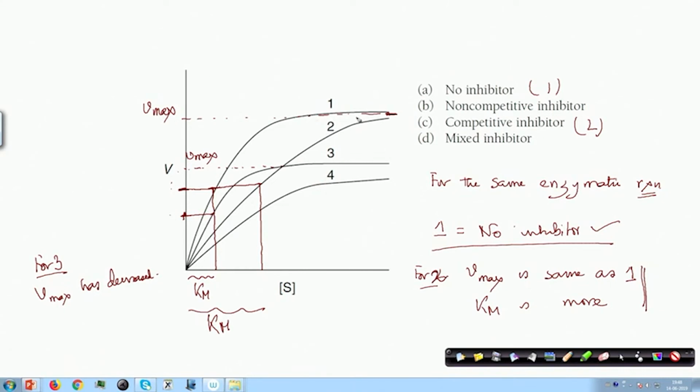So, in this case what happens? For 3 V max has decreased, but Km remains the same. So, which type of inhibition has that? That means, where the binding of the inhibitor and the substrate are independent of each other.